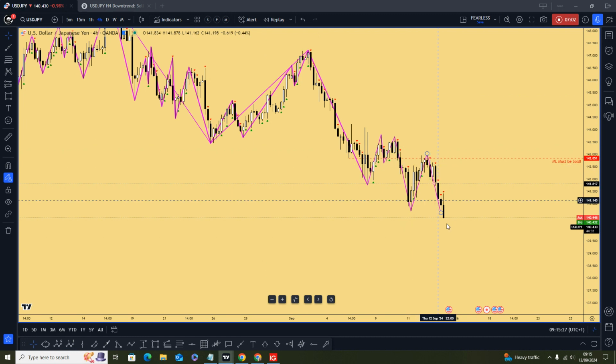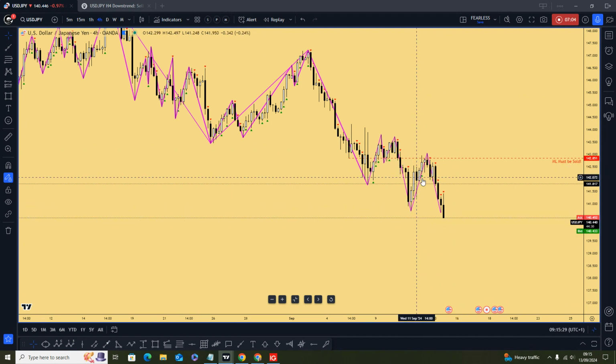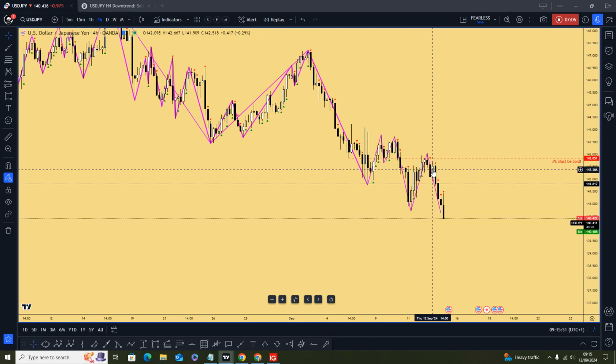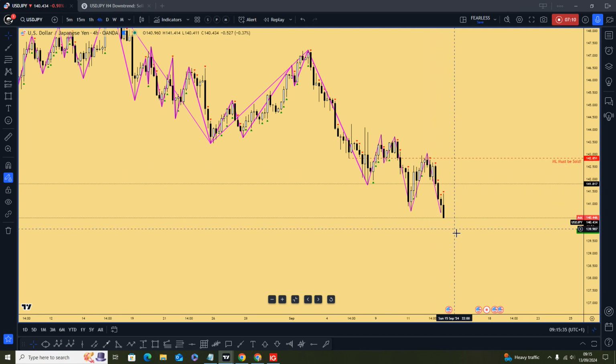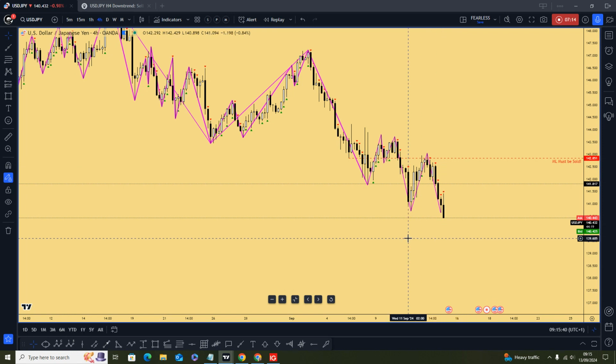Heavy pullback has been sold. We had a little bit of pain the other day when we were selling, but eventually the price gave us a nice reaction, and we eventually got involved in selling the dollar yen.